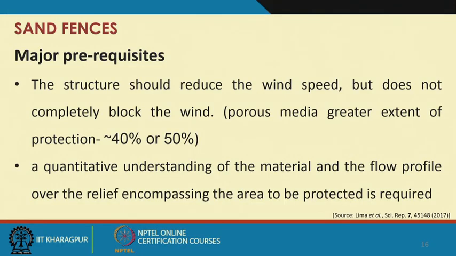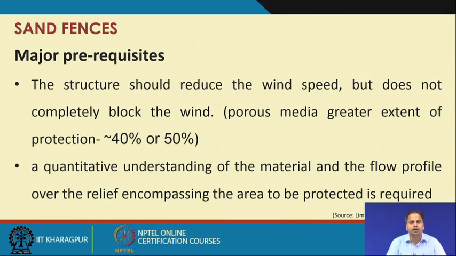Okay. So these are the major prerequisites for sand fences. The sand fences selected or designed for a particular area should reduce the wind speed, but they should not completely block the wind. In the case of windbreaks, we have seen that any kind of barrier should allow some airflow within the porous media.